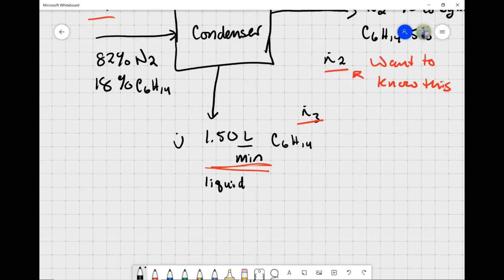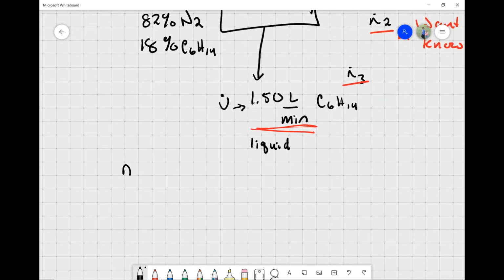So this is V dot, and we need to go from V dot to N dot.